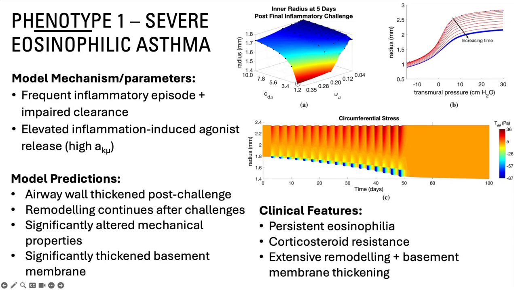There's a thickened airway wall after challenges. Remodeling continues after challenges. Mechanical properties are significantly altered, and we have this thickened basement membrane, which is associated with some of these clinical features.